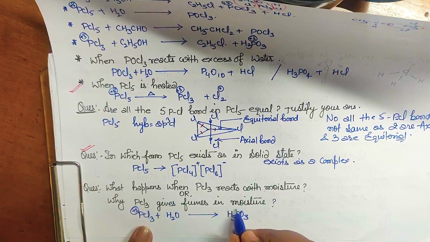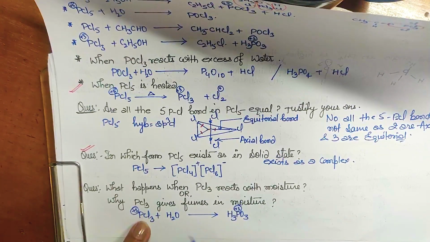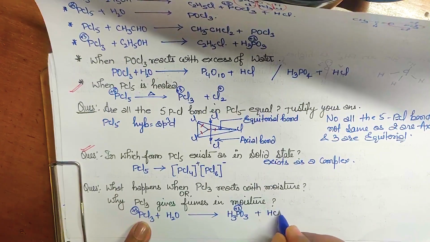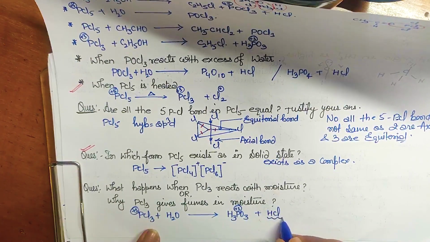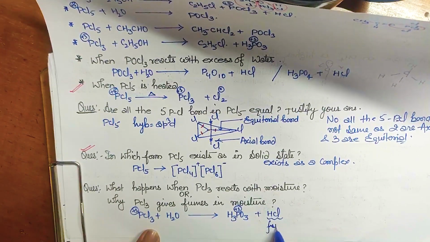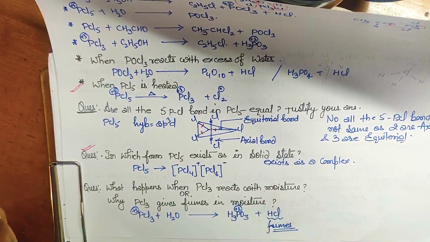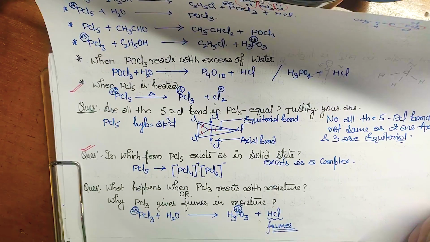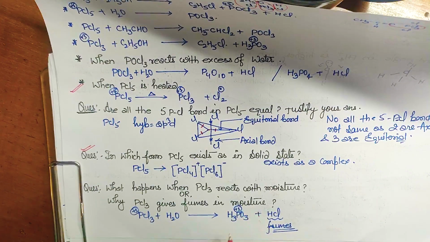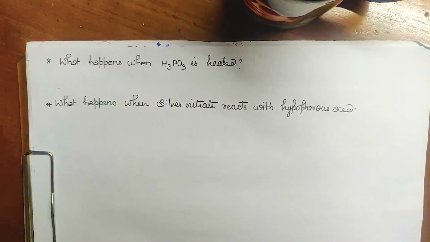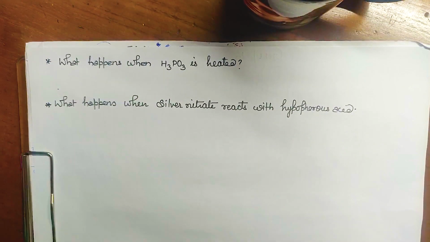Since there is no oxidation reduction, the Cl should remain in HCl form, and this HCl gives the fumes. Due to this HCl formation, there are fumes in moisture. Got it?